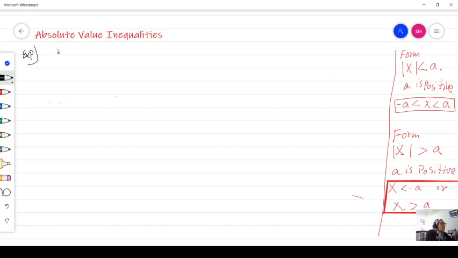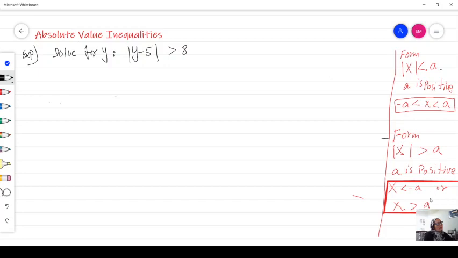They said solve for y. And you have the absolute value of y minus 5 greater than 8. How would I solve this? You know this is positive and this is greater than, so I'm going to use this form, that one, because it's greater than a, and a is positive, which is true.